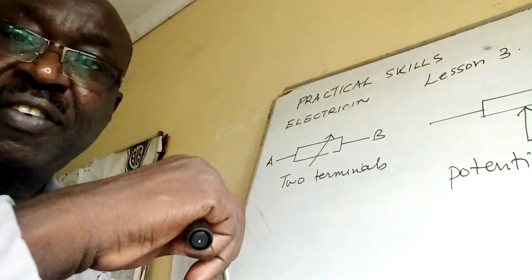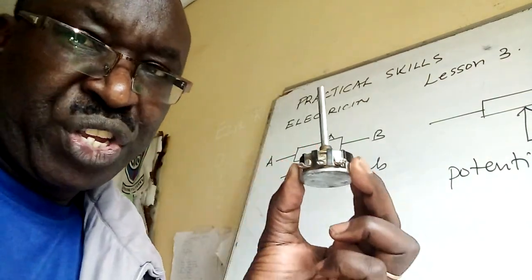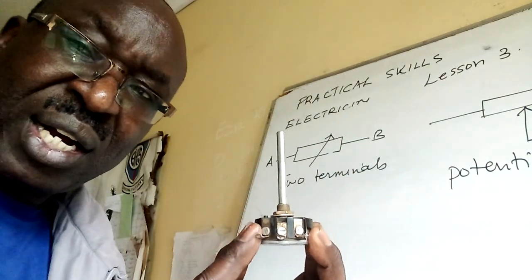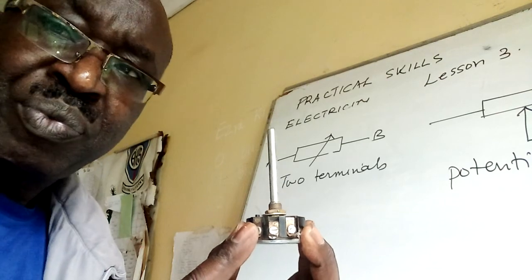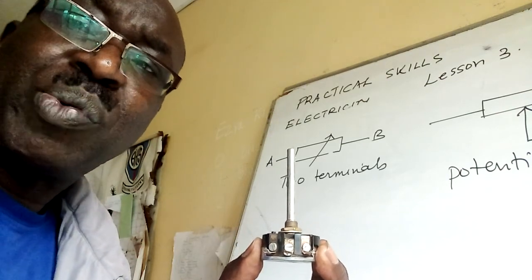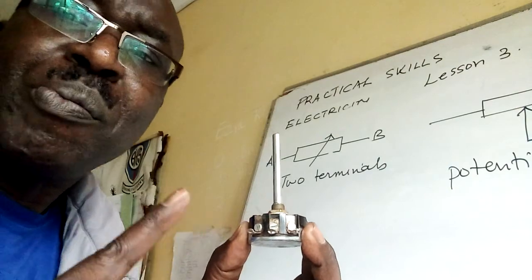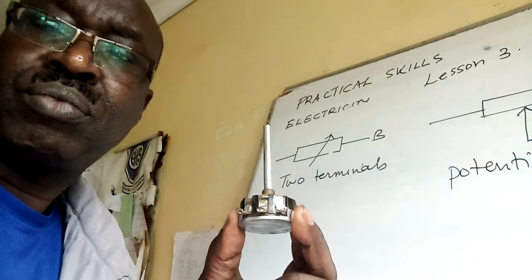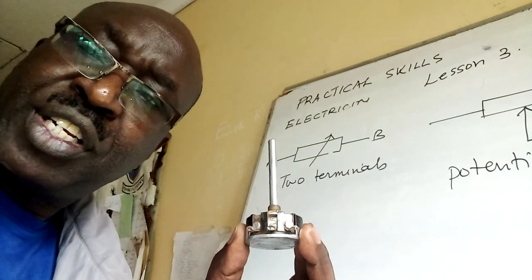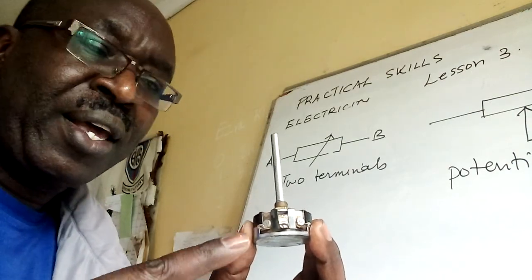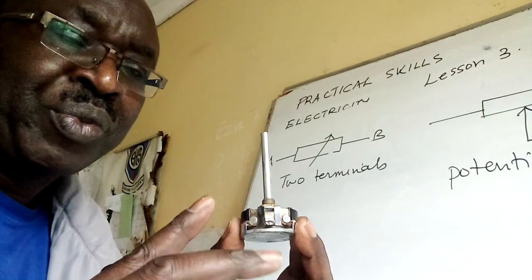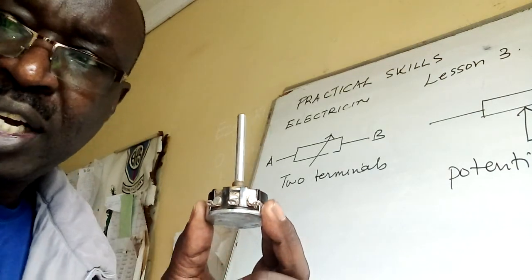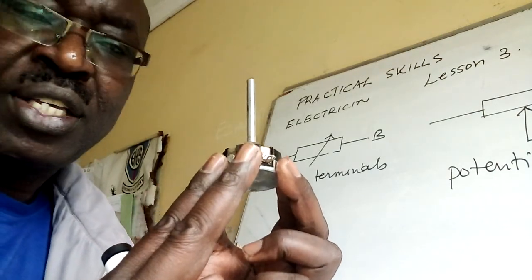Even if I gave you this, which is 2-in-1, it can act as a variable resistor and it can act as a potentiometer. Potentiometer must have connection 1, 2, 3. If it is operating as a variable resistor, then there can be 2, either this or that, for the reason I will explain.